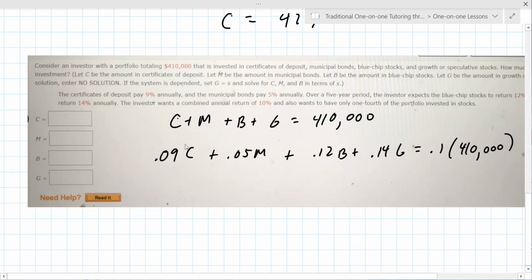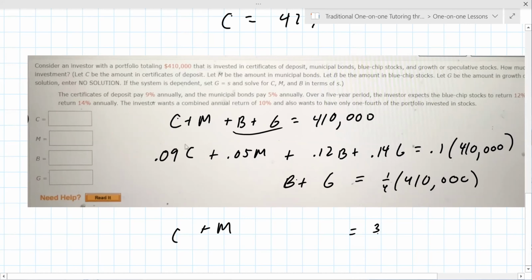The next one is that they only want 1/4 of the portfolio in stock. So that's the last two. So that's 1/4 of 410,000, and then that means that 3/4 of 410,000. Got it. Okay. And I'll let you kind of work it from there.